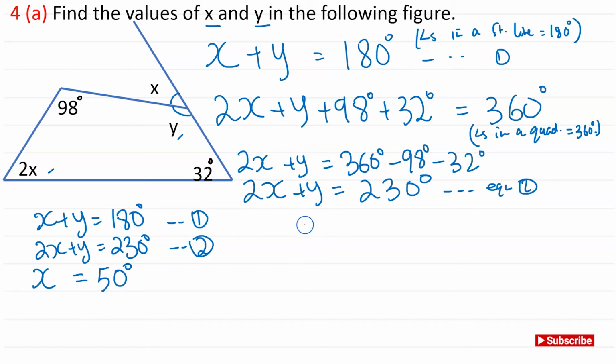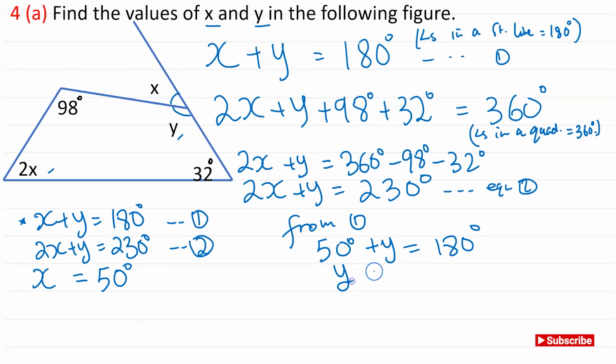Now let's go ahead and find y. From equation 1, x plus y equals 180 degrees, but we know what x is, so we can say 50 degrees plus y is equal to 180 degrees.